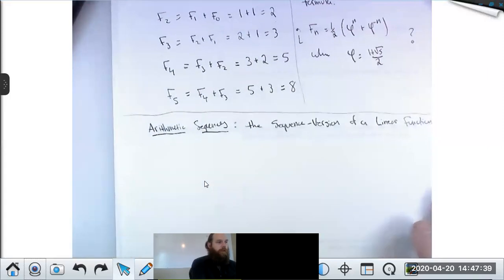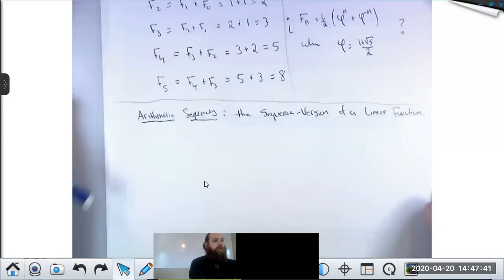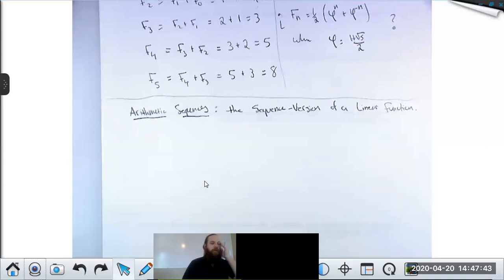So remember, a linear function is a function whose rate of change is constant, right? And we normally think of that as a slope. For arithmetic sequences, we don't like to use the term slope because the graph isn't a line anymore, right? It's still just a collection of dots. So instead, we talk about what's called a common difference.